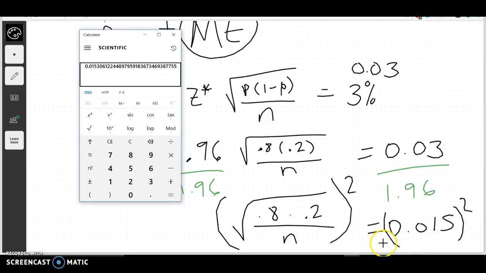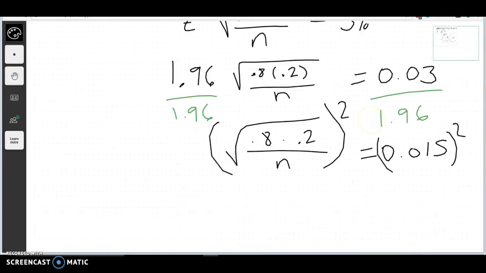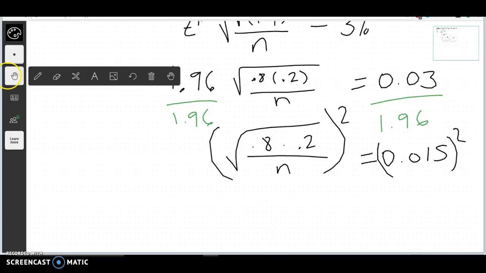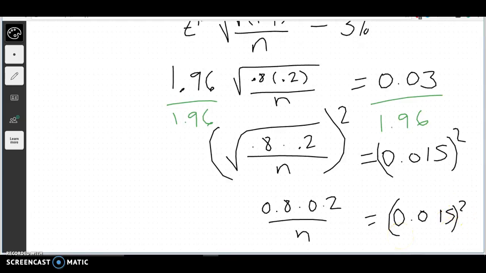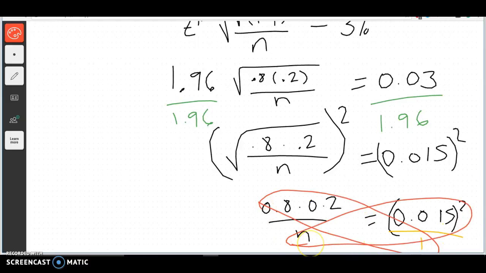Bring up that calculator again. So that gives me a really small number. I'm just going to leave that because I don't want to write that whole thing out. And then what we have to do is, this is kind of a proportion. This would really be over 1. So what I would do is cross multiply and then divide.